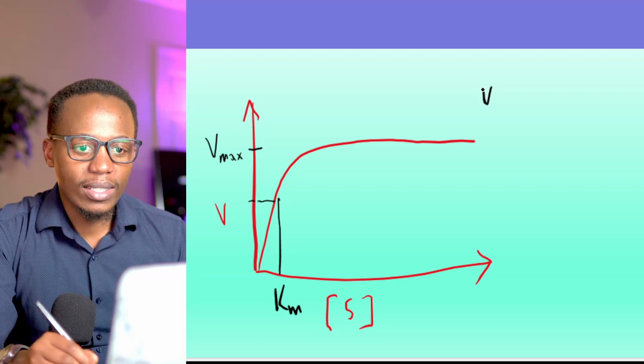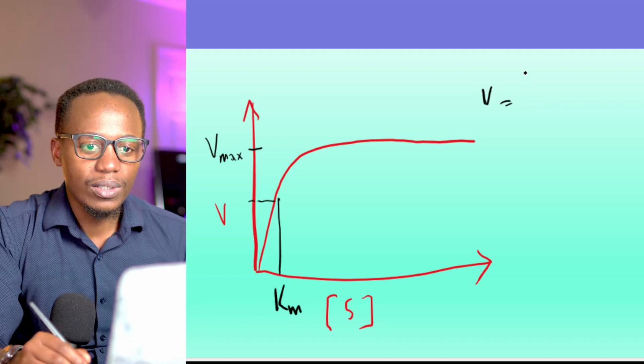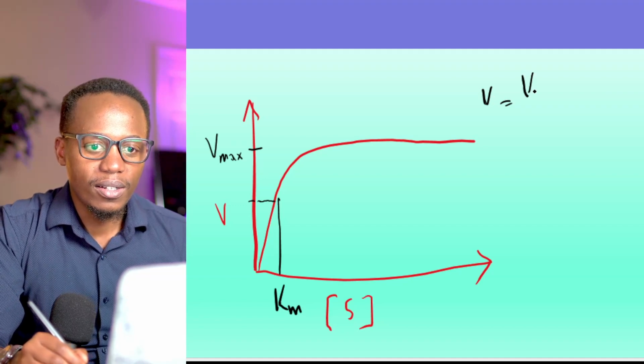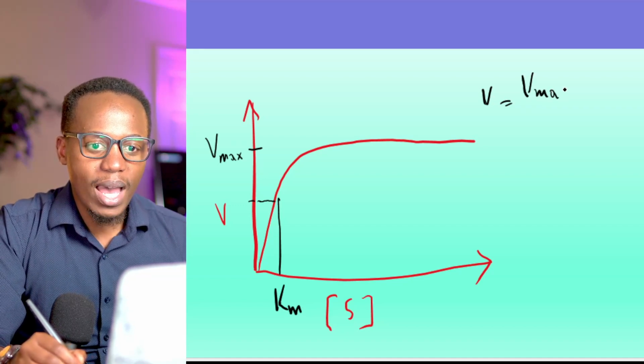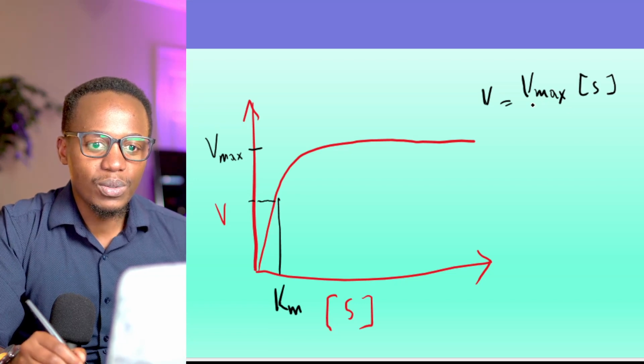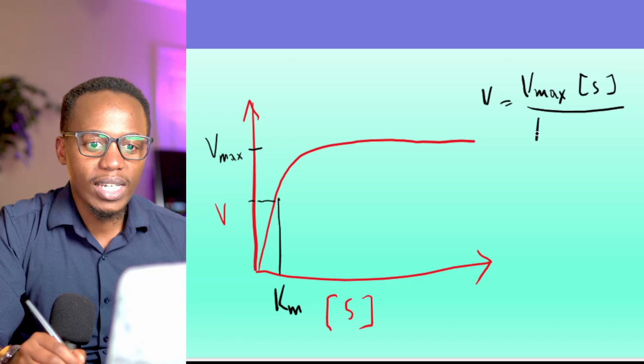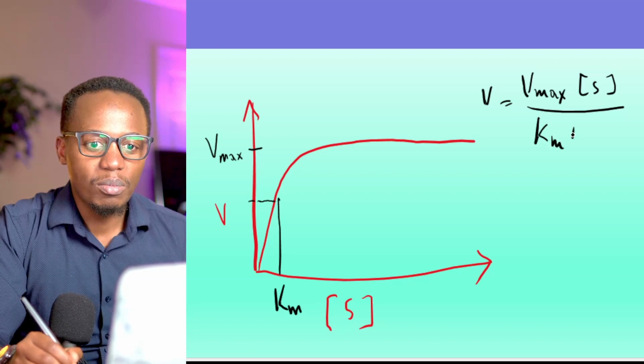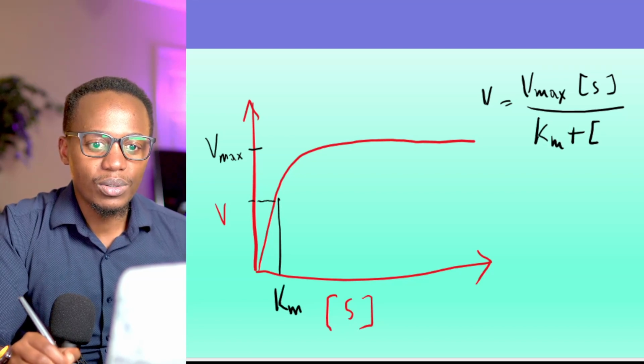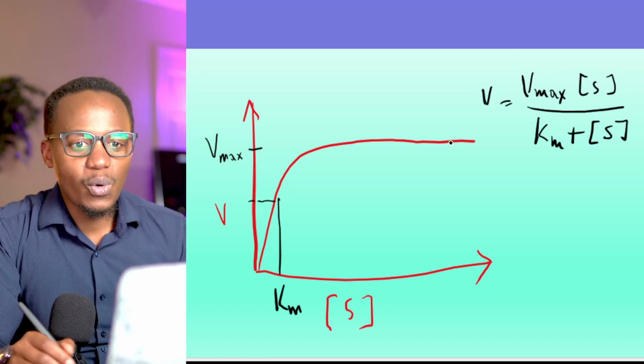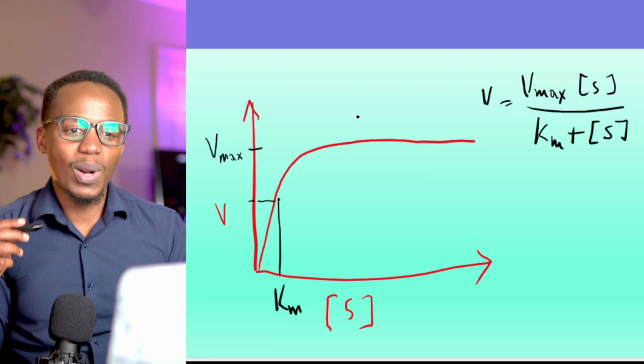Rate is equal to, again, Vmax times the substrate concentration over Km plus the substrate concentration, right? So this equation is represented by this graph.